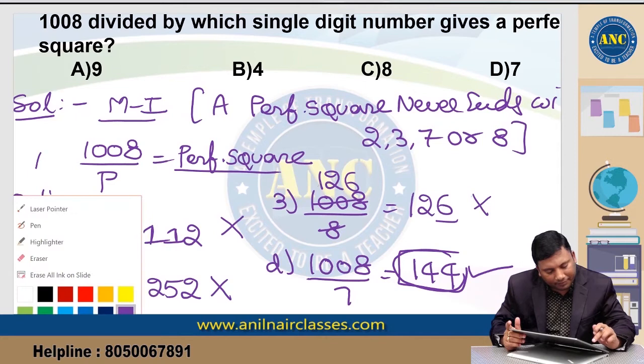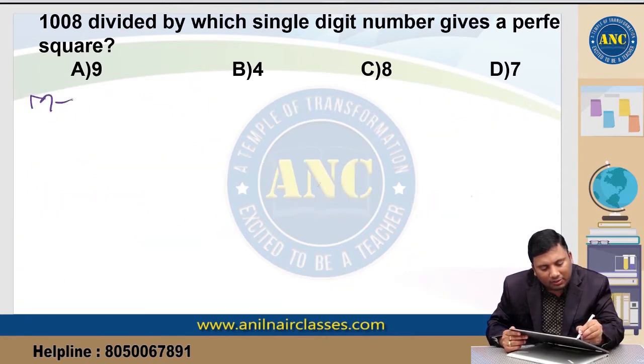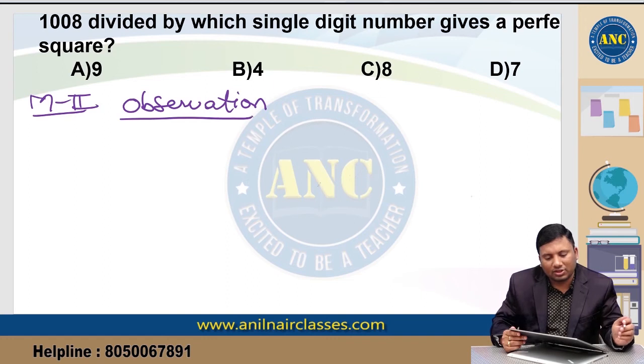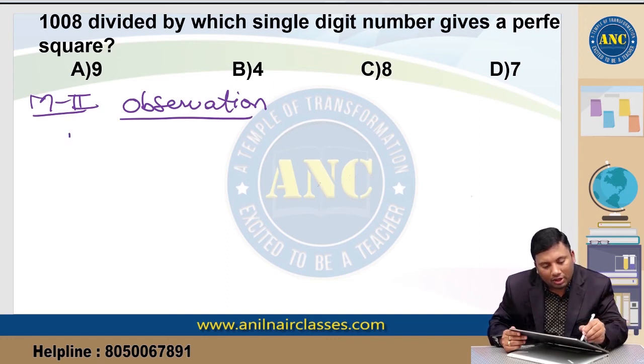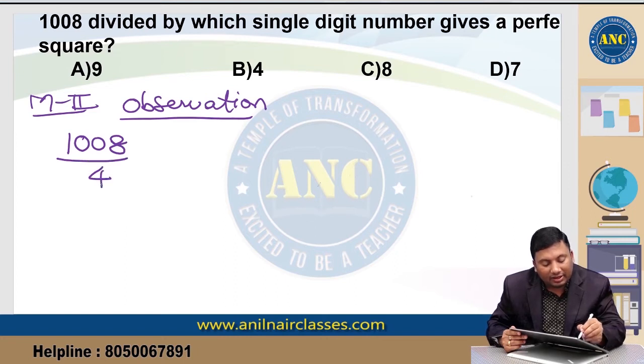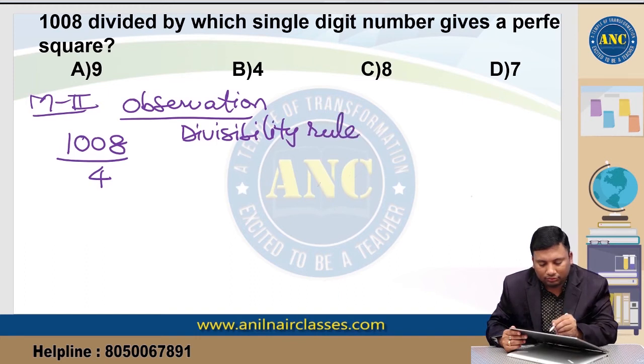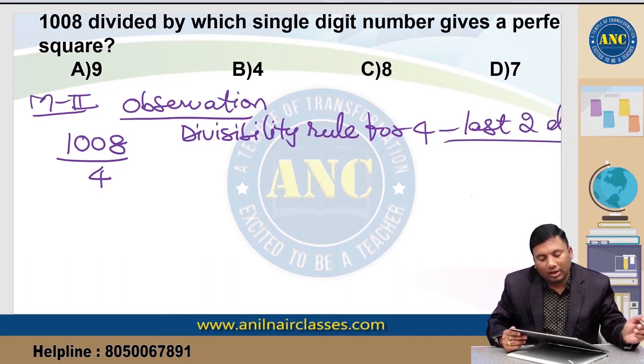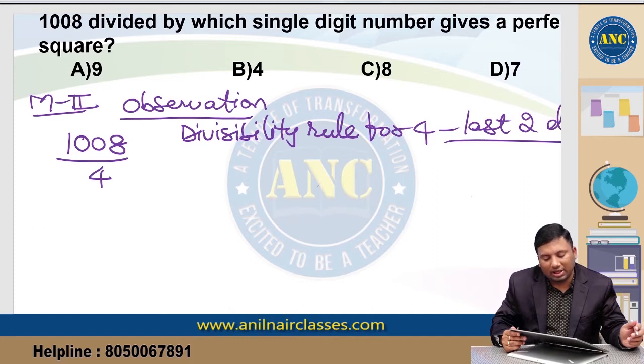Now, method 2, just by sheer observation. If you see here, 1008 divided by 4, if I take it, the divisibility rule of 4 is nothing but the last two digits.